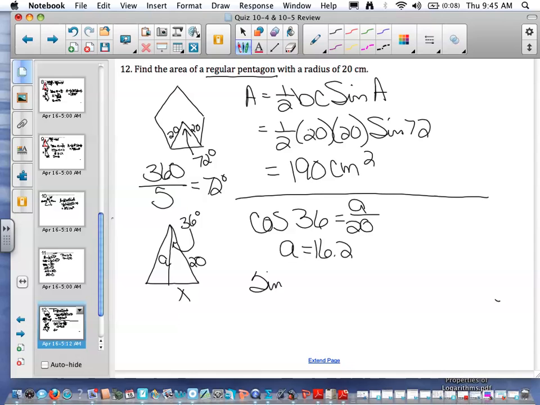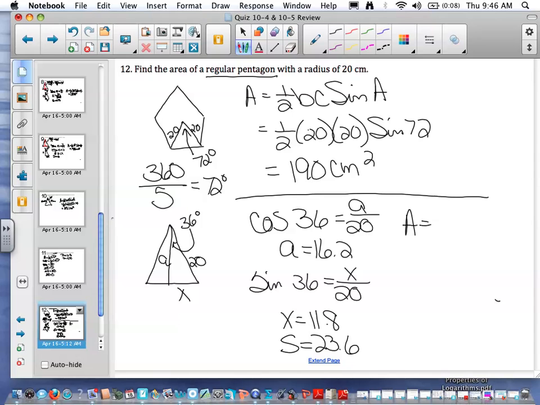Then sine of 36 is the opposite, x over the hypotenuse, 20. So 20 times sine of 36 is 11.8. X is equal to 11.8. So the length of a side is double that, or 23.6.